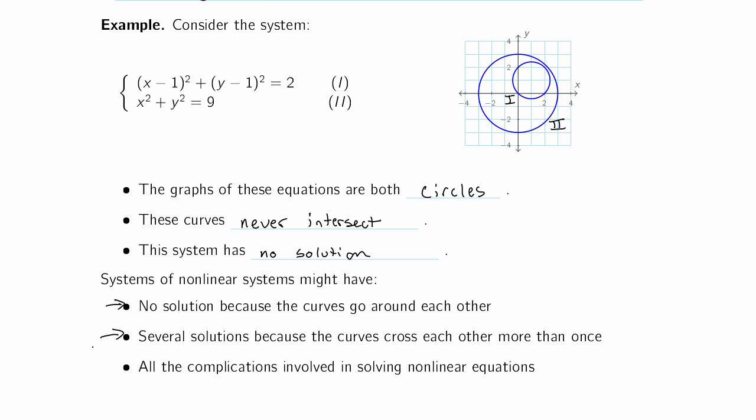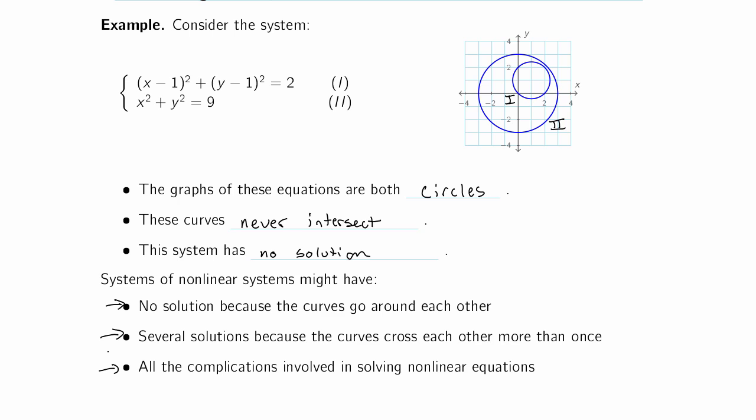And when we go to solve nonlinear systems, all the complications that might come up when we solve a nonlinear equation in one variable still happen when we're solving a nonlinear equation in 2 variables. This is especially difficult if we want to solve one of our equations for y or something like that. So we'll see all of those complications.